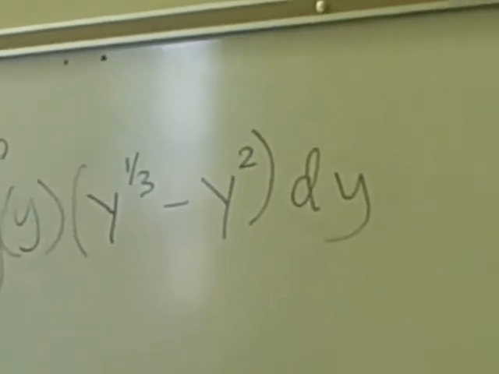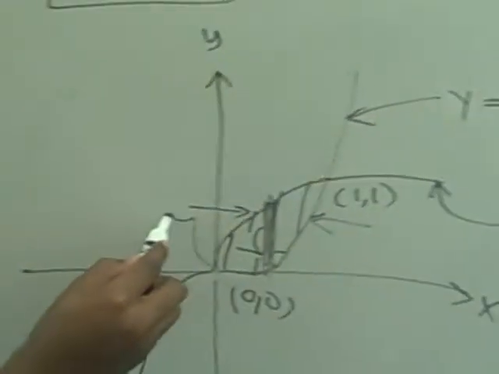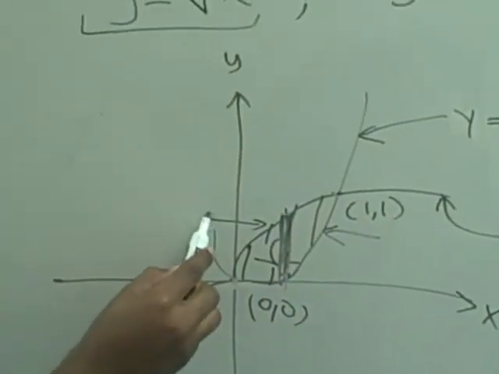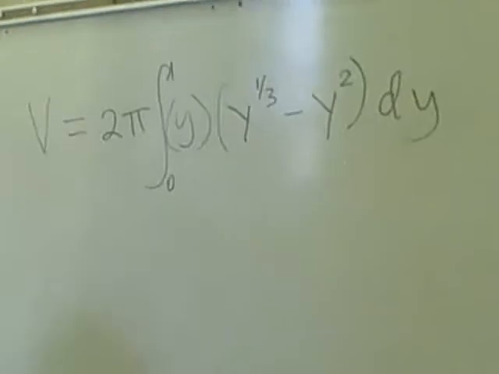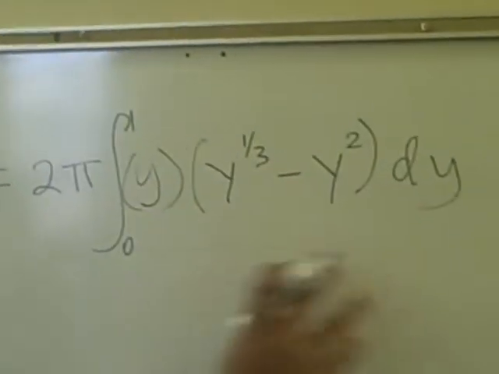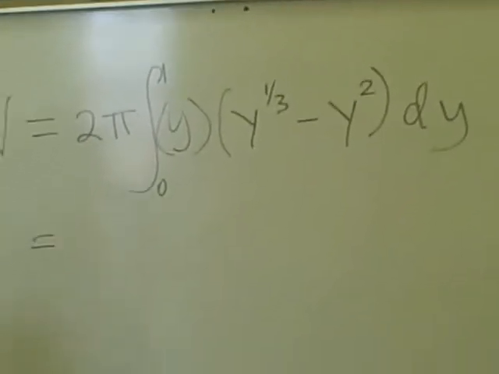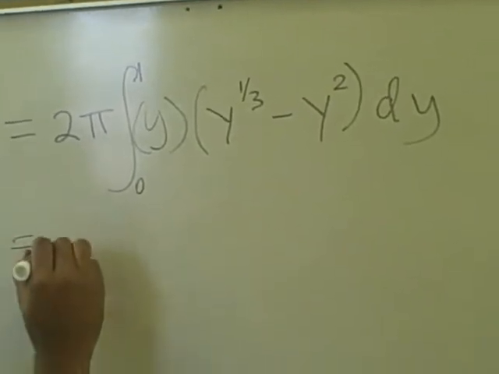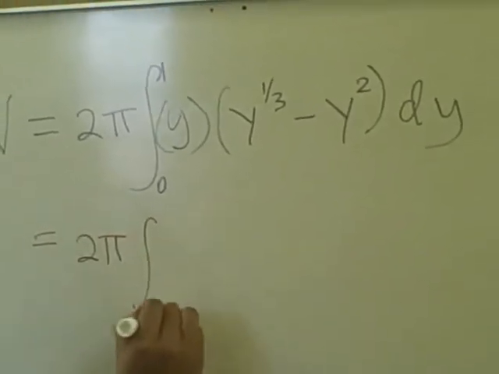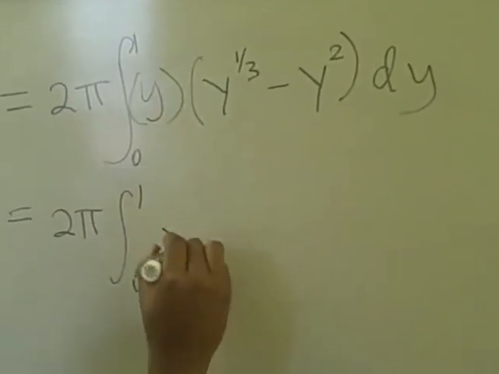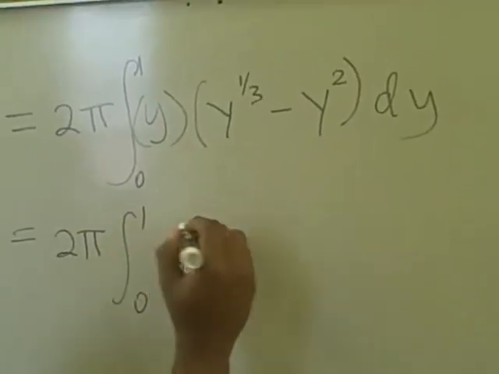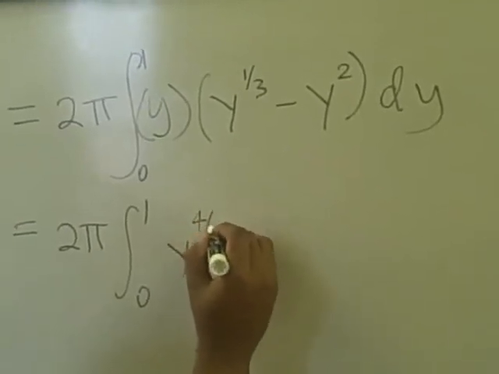So the limits of integration are also going to be about the y-axis, which is from 0 to 1. So it goes 0 to 1. And then you can basically do the multiplication. From here it just becomes straight Calculus 1 integration, 0 to 1. y times y to the 1/3 gives you y to the 4/3.